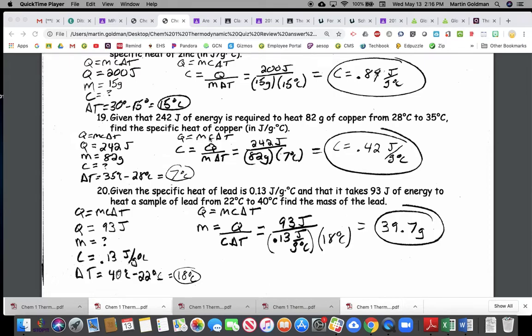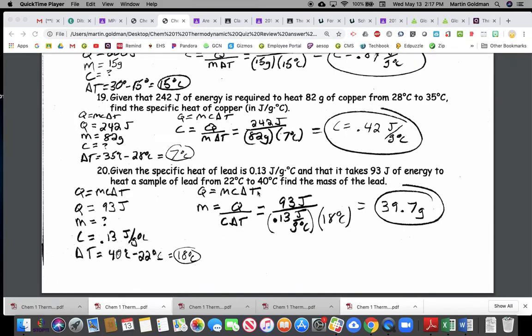We take the m and the delta T, flip it over to the other side. So now we just plug and play. 242 joules, 82 grams, 7 degrees C. And then our answer for c, which is the heat capacity or specific heat, is 0.42 joules per gram per degrees C. So that wasn't that hard, was it?